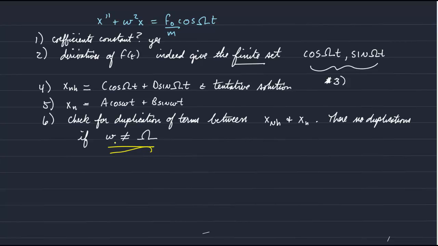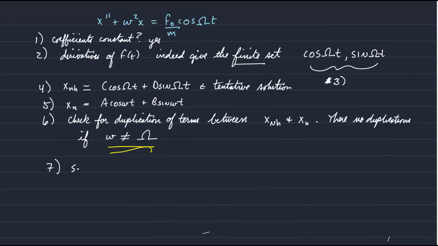As long as these are different, there's no duplication between cosine capital omega t, for example, and cosine lowercase omega t. So since there is no duplication, we're done with step 6. We don't have to do any corrections to our tentative guess at the non-homogeneous solution.